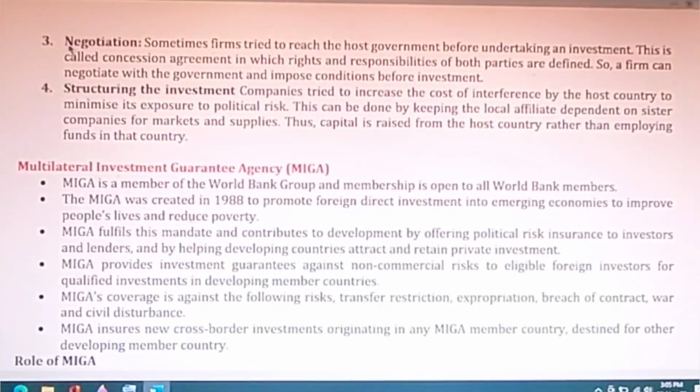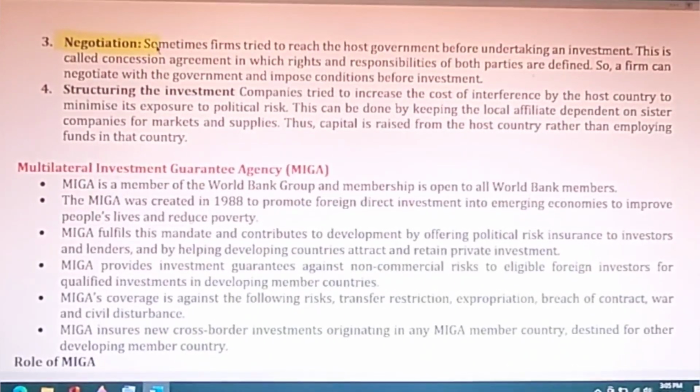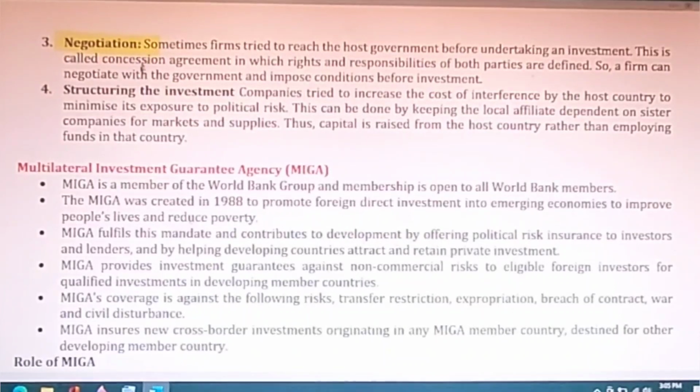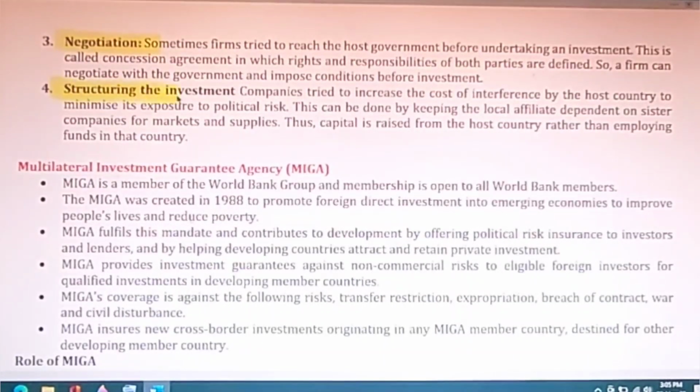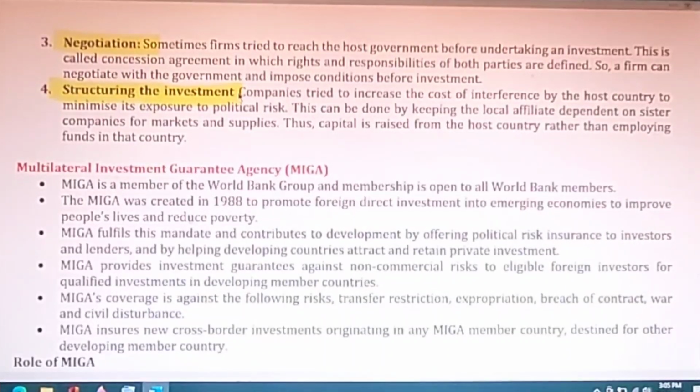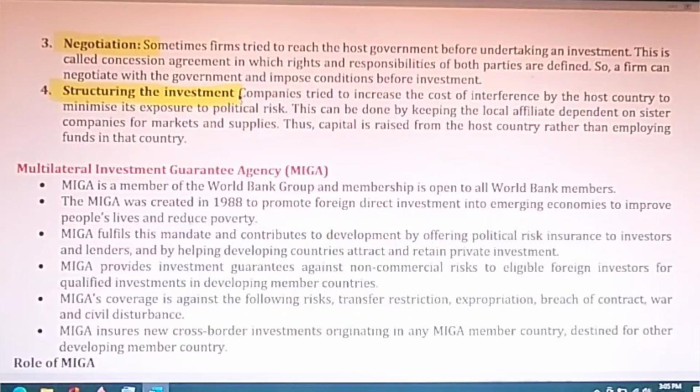Third one is negotiation. It can negotiate with the country's government so that its trading activities will be secured. And the fourth one is structuring the investment, so you have to restructure the investment in such a way that it isn't affected by the political risk.